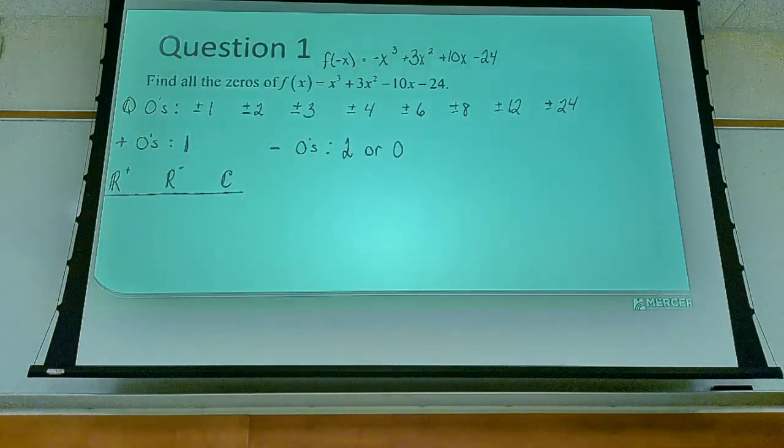One combination we can have, one positive, two negatives, which means we'd have no complex, because that already accounts for our 3. We could also have one positive, no negatives, which means we'd have to have 2 complex to account for the 3.